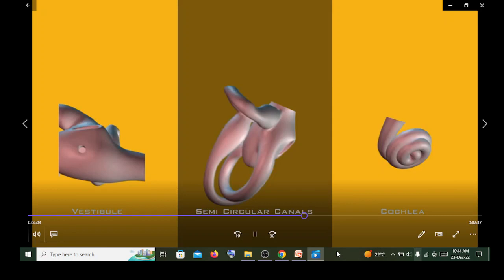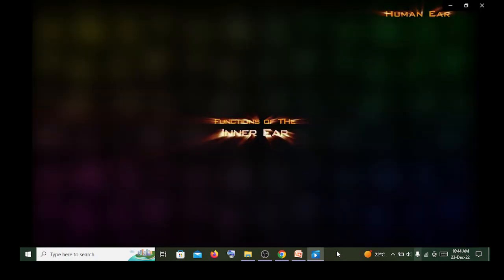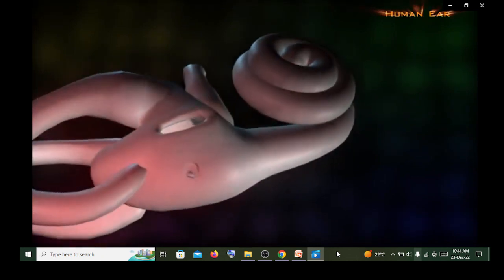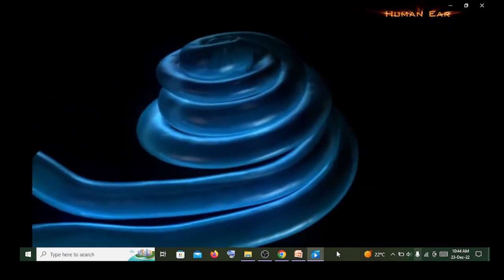Functions of the inner ear. The base plate of the stapes bone from the middle ear fits into the oval window of the bony labyrinth and sends pressure waves into the inner fluids.